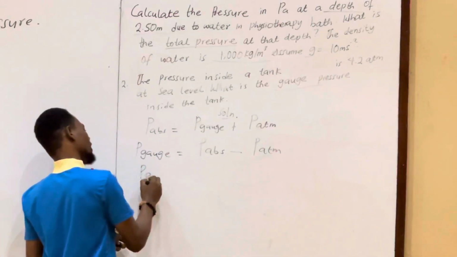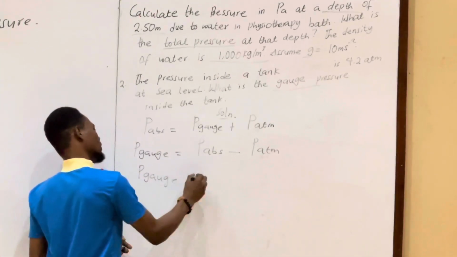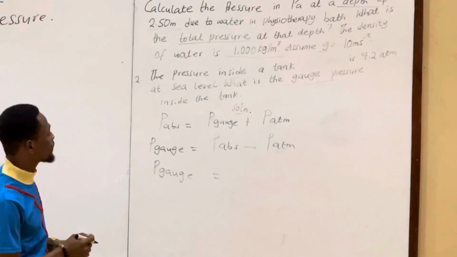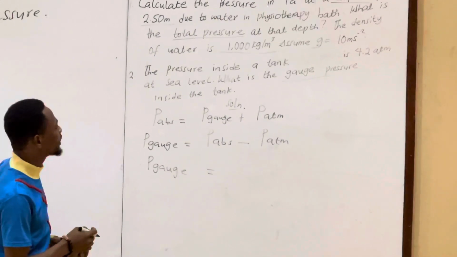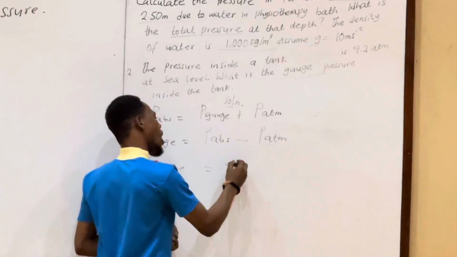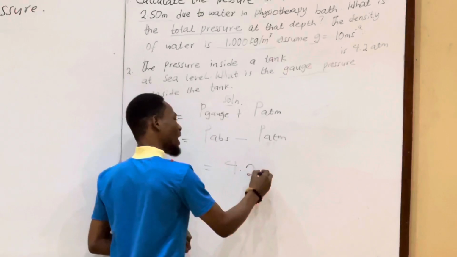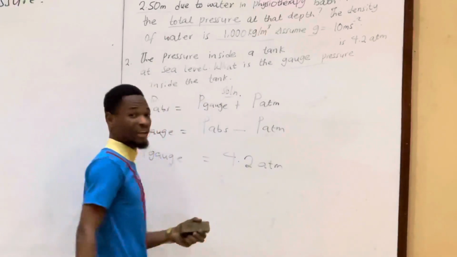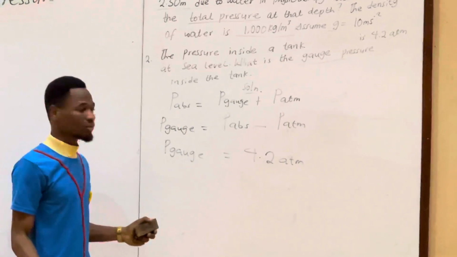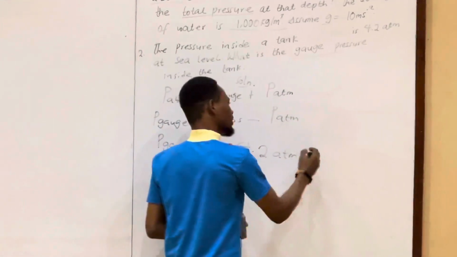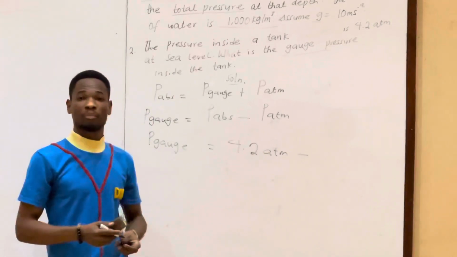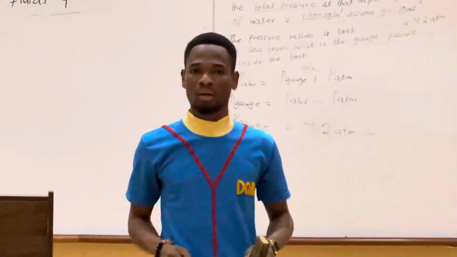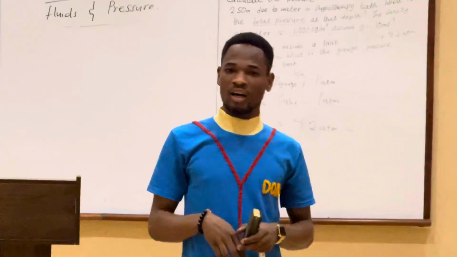So I have my gauge pressure, because what is my absolute or the total pressure in the question? 4.2 atmosphere. We are not working in Pascal, but atmosphere. Then minus the atmospheric pressure. This atmospheric pressure at sea level is always 1 atmosphere or 1.0 atmosphere.